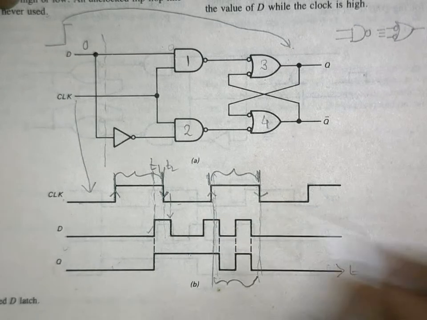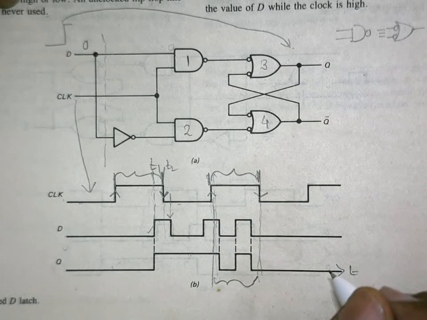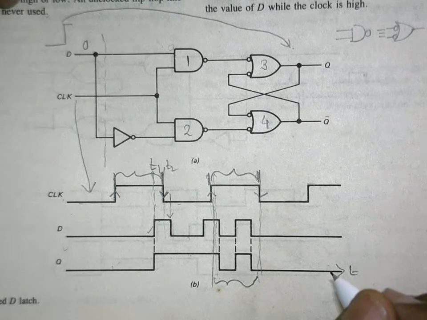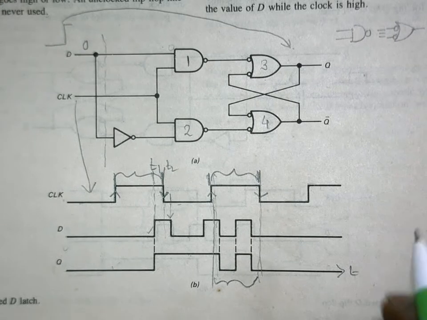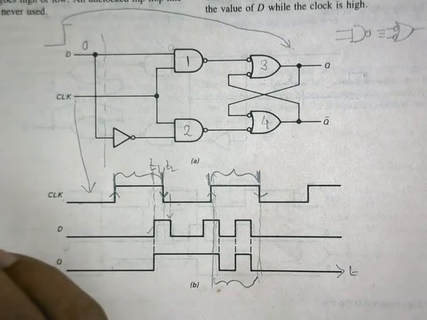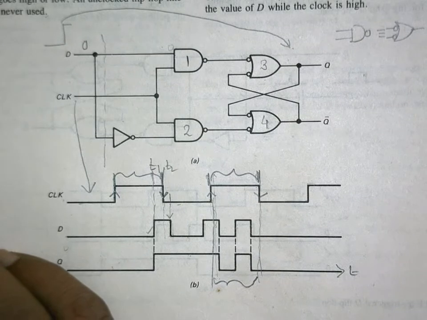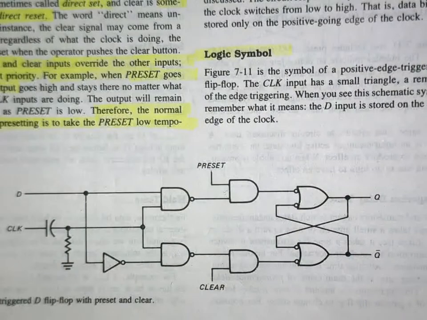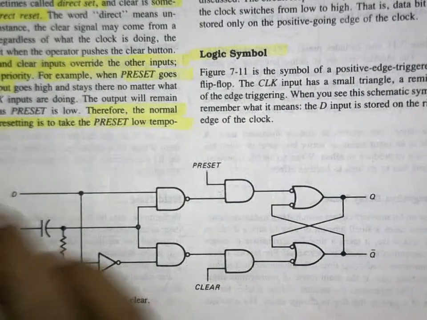Many a times we desire to entertain this kind of change in this circuitry. So how can it be accomplished? This goal can be accomplished using edge triggering of the clock.